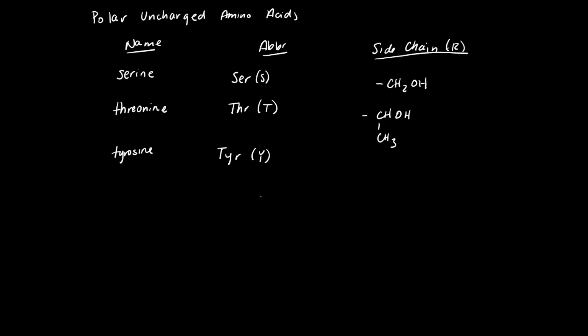Tyrosine is another aromatic amino acid. So this one is like alanine, except that our benzene ring has an OH group on it. So this is another amino acid that absorbs UV light.